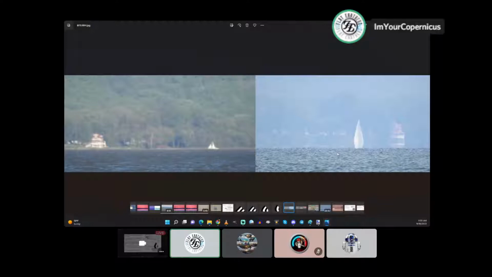Anyway, this is so abstract for me to wrap my head around. I don't know how it works for you guys thinking through this either. But this sailboat right here is in an inferior mirage. Here's the top of it coming down, and then it reverts back. That's the nature of this mirage. You've got a greater than sign here and a lesser than sign here. And right there in the middle is where the mirage starts.